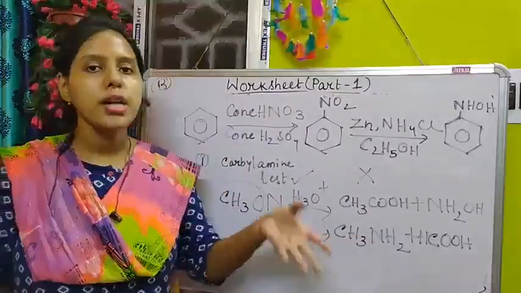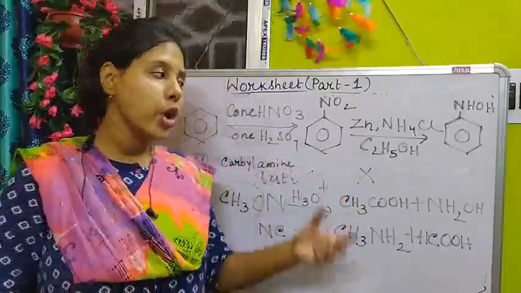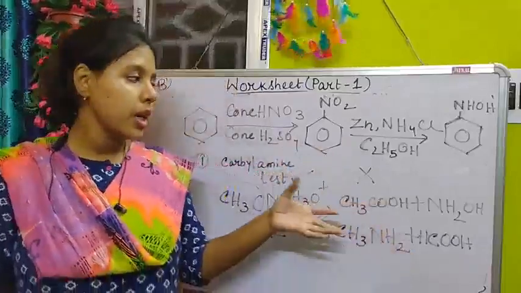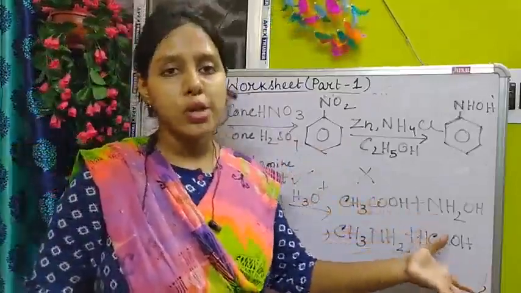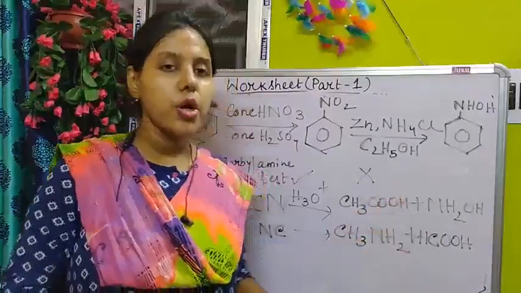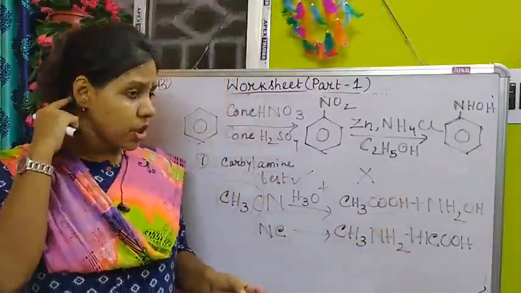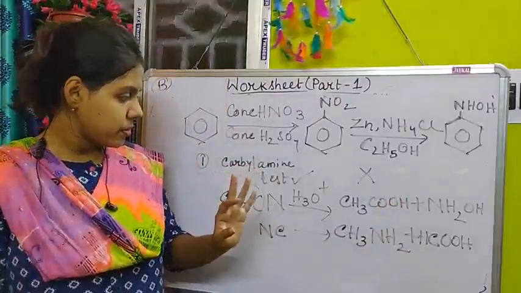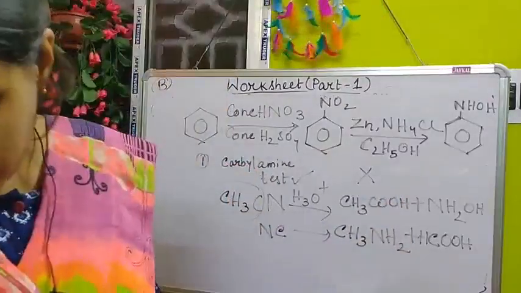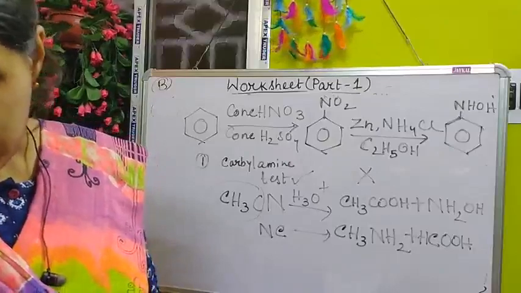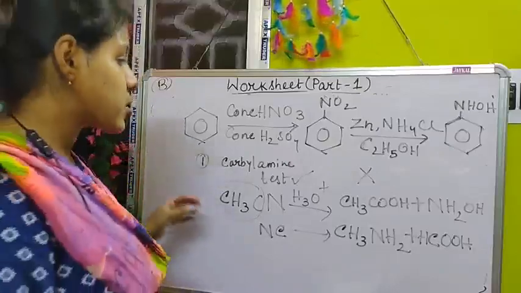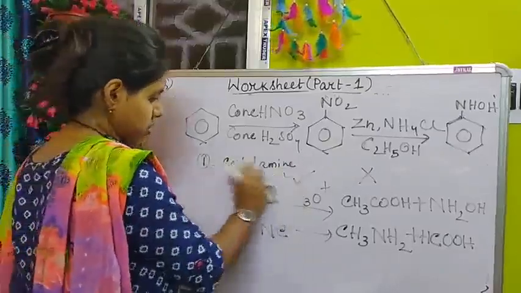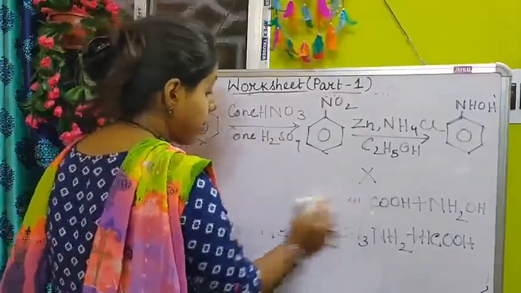Just write in the first point the carbylamine test. Okay, show reactions for both of them. No need to write the reaction for isocyanide because it doesn't respond to this test. Sorry, the carbylamine test is shown for the amines.